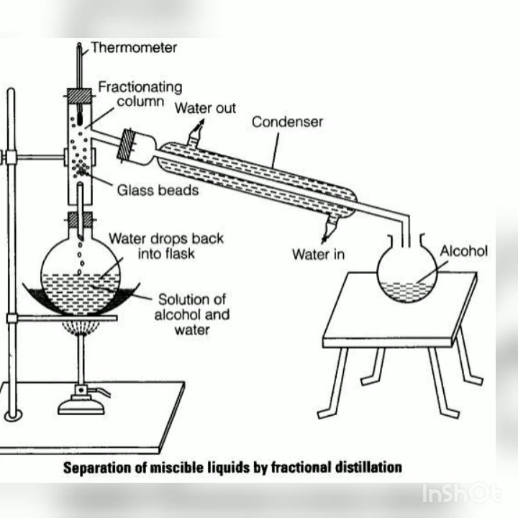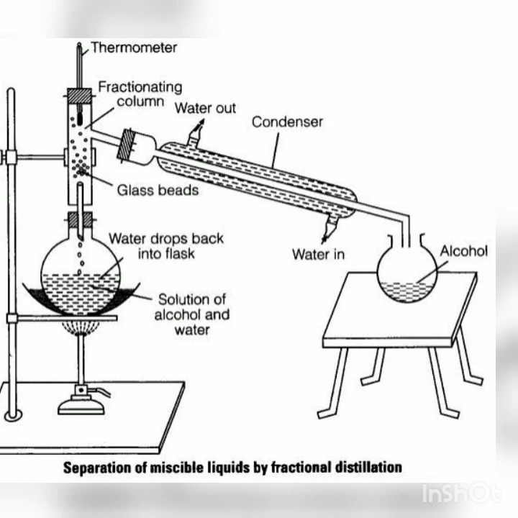Basically, the fractional distillation technique is used to separate miscible liquids which have a difference in their boiling points of less than 25 Kelvin. The difference in the boiling points of the two miscible liquids is very close. In this method, we use a special apparatus, that is, a fractionating column.